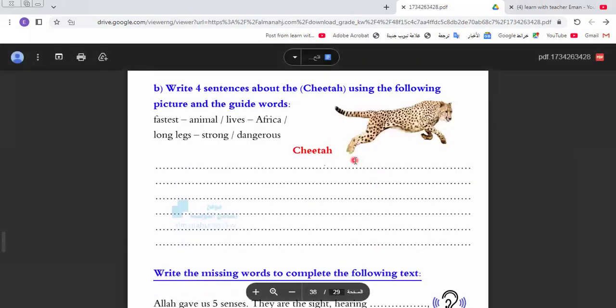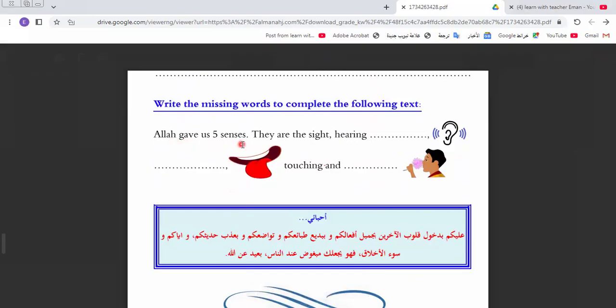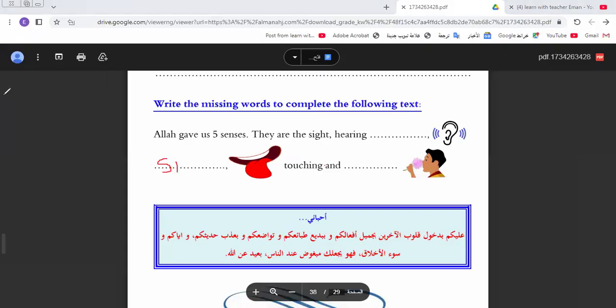I will answer this, and I have a text about the cheetah. I will say to you, Allah gave us 5 senses.